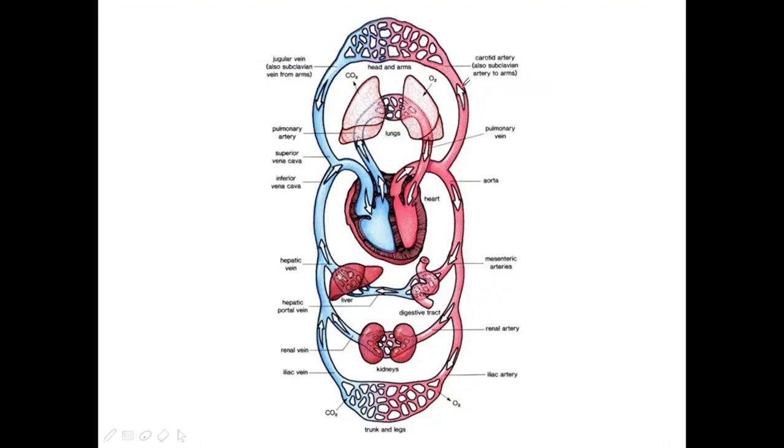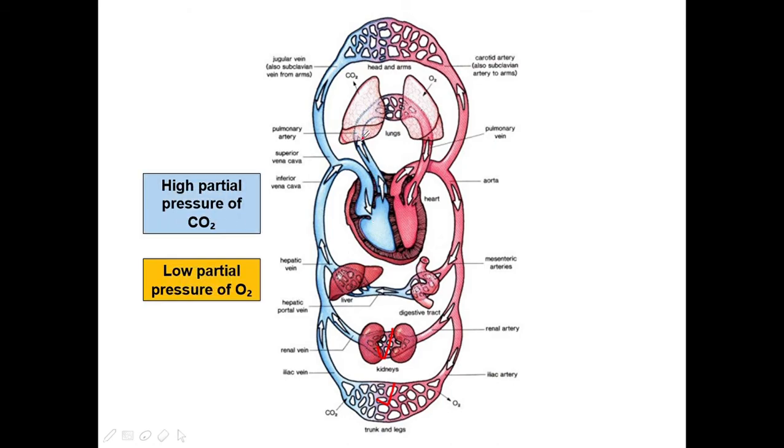Okay, here shows you the gas exchange that occurs between the tissue capillaries and the blood. The blood that enters the lung through the pulmonary artery has a low partial pressure of oxygen but high partial pressure of carbon dioxide.